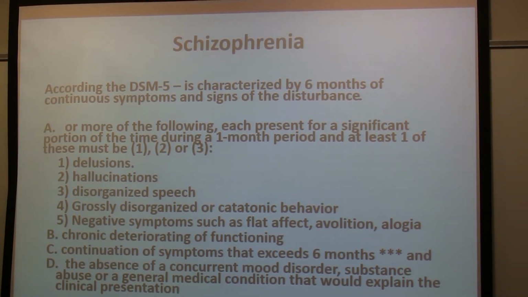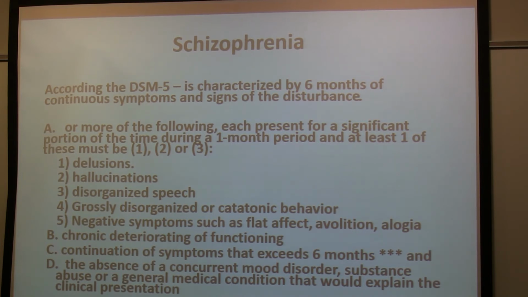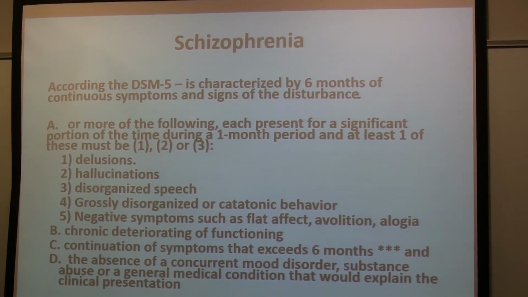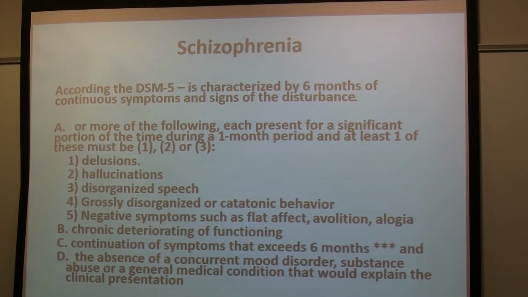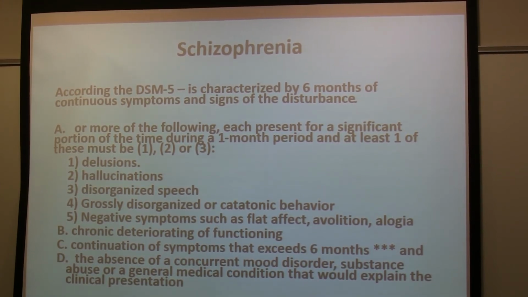Criterion A, one or more of the following is present for a significant portion of the time during a 1-month period, and at least one of these must be present, okay? So for a month, you're going to have delusions, hallucinations, disorganized speech, grossly disorganized behavior or catatonic behavior, negative symptoms such as flat affect, avolition, alogia.